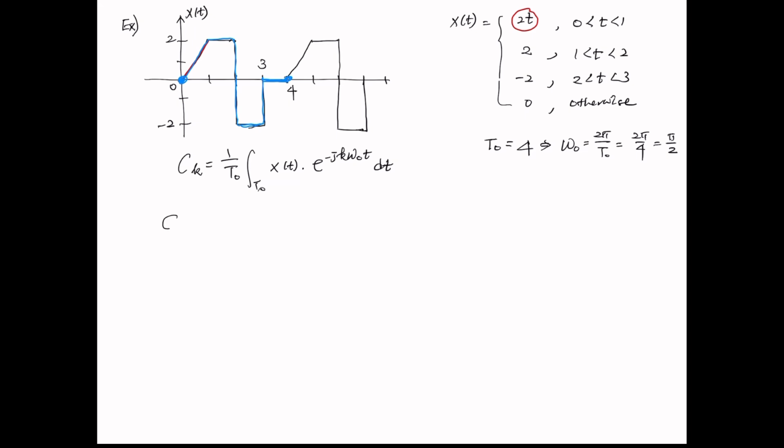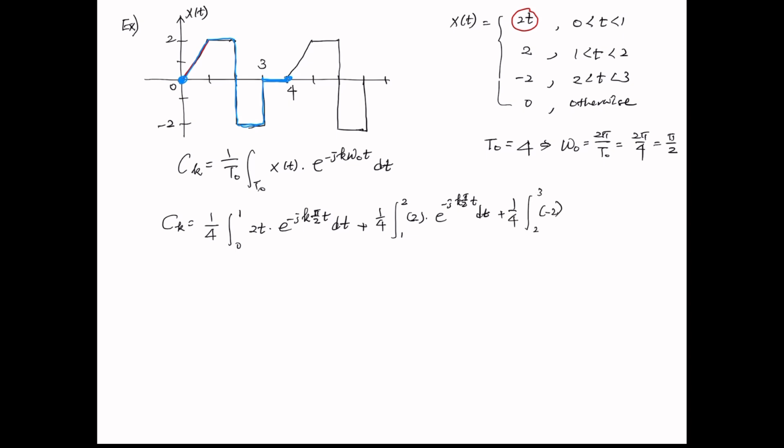So we have c of k equals 1 over 4, the first term going from 0 to 1, x of t is t, times e to the negative jk omega naught t, where omega naught is pi over 2, plus the second one is 1 over 4, going from 1 to 2, and we have 2 times e to the negative jk pi over 2 t dt, and then plus 1 over 4 going from 2 to 3.